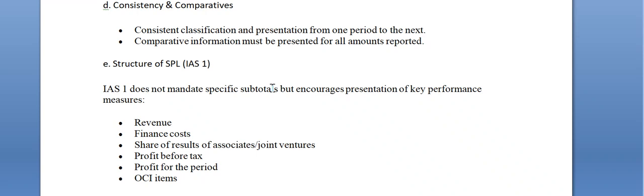Then you have your profit before tax, and then you charge your tax. And after you have charged your tax, you have profit after tax, and then you have other comprehensive income. The items under comprehensive income include your revaluation surplus as well as your foreign exchange differences. That is how that is actually run. So please take note of that. It's very, very important that you follow through as I have explained.